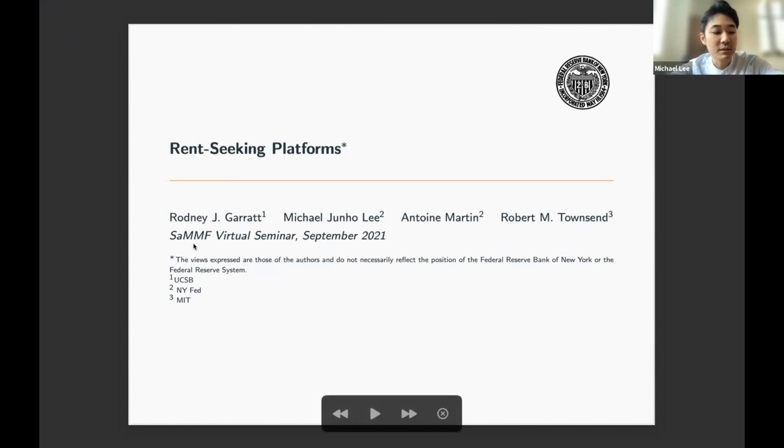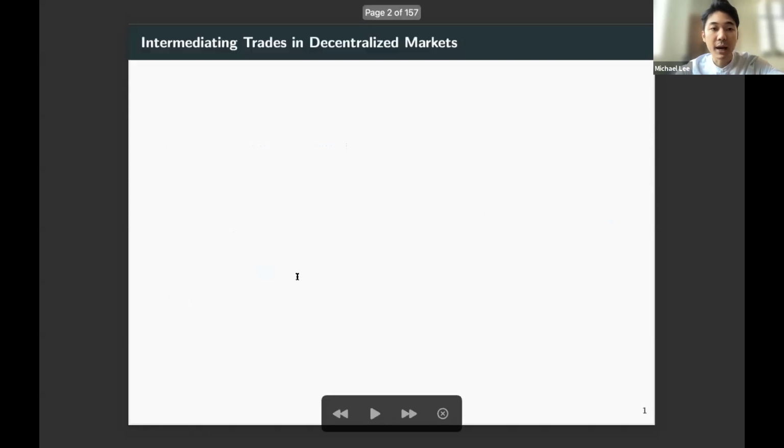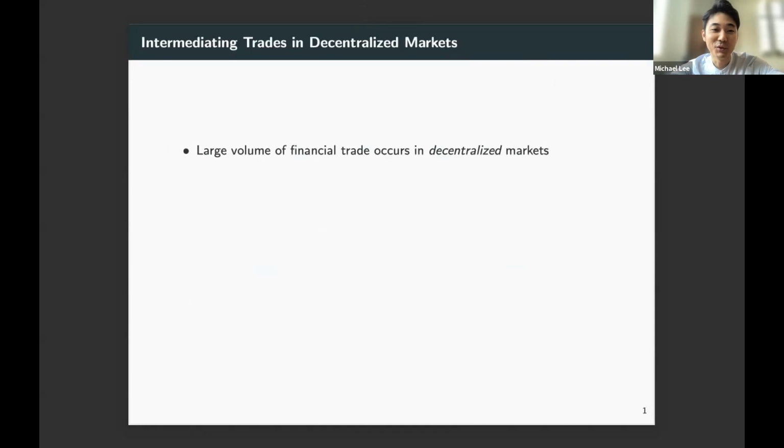So this paper thinks about the potential for information disclosures to impact OTC markets, and in particular, dealer intermediated markets. Let me start by setting the background for what motivates this paper. As many of you know, a large volume of financial trade occurs in decentralized markets.